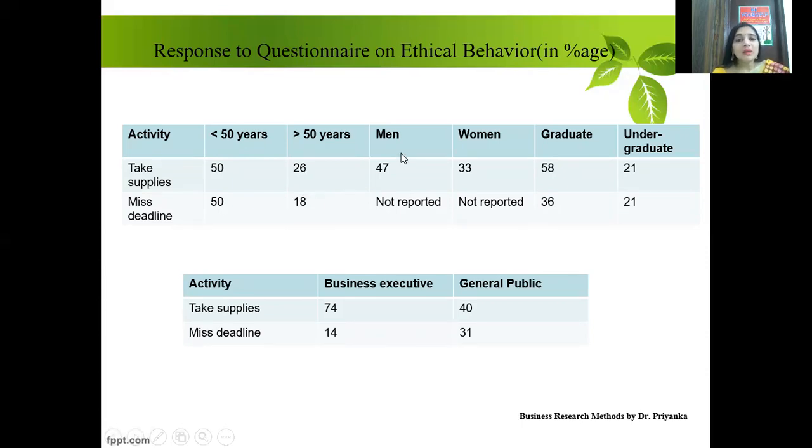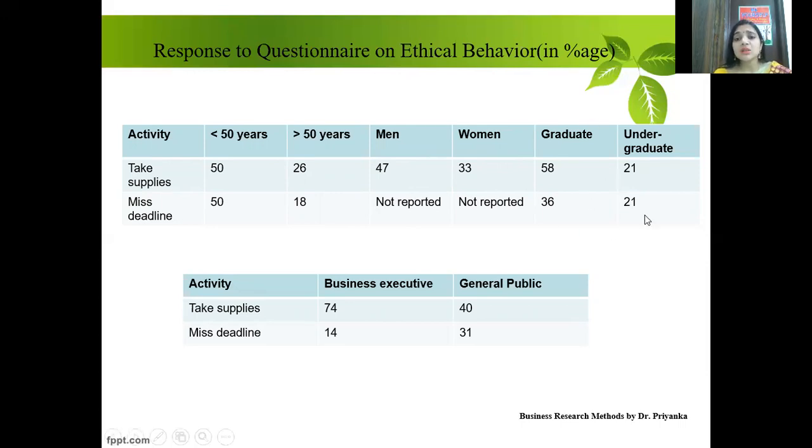Then men and women comparison: 47 men say they take supplies on time and 3 did not report. Women say 33 are ethical or take supplies on time, and 17 are not reported.